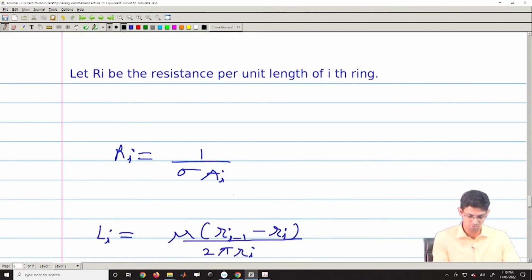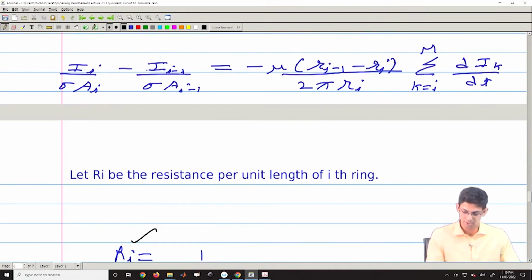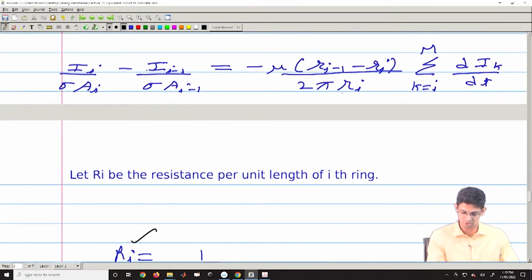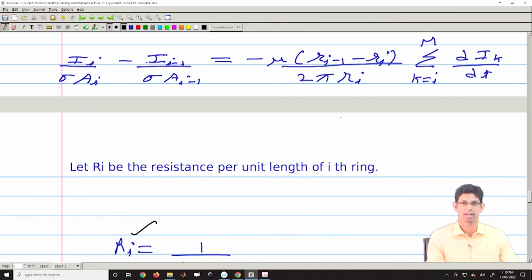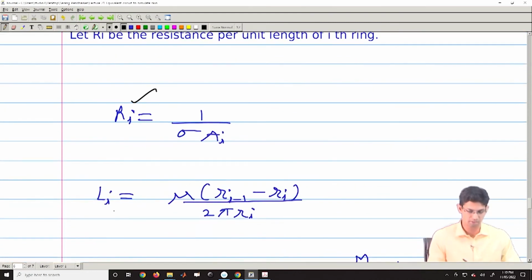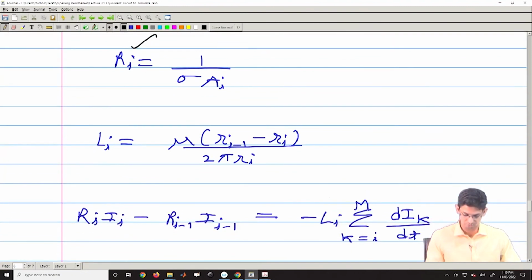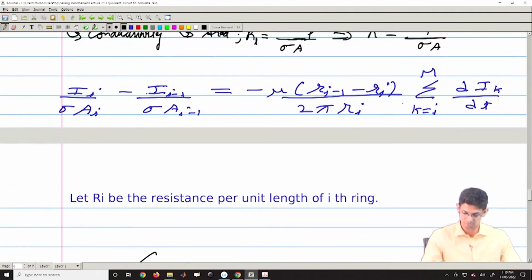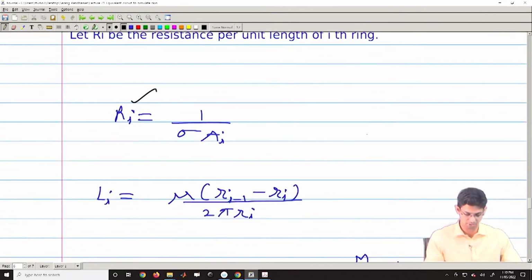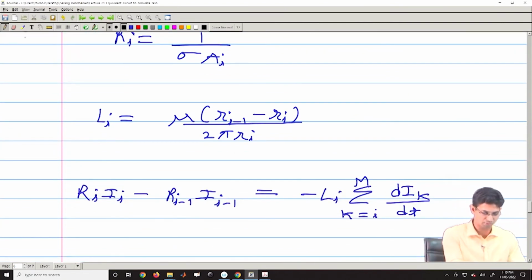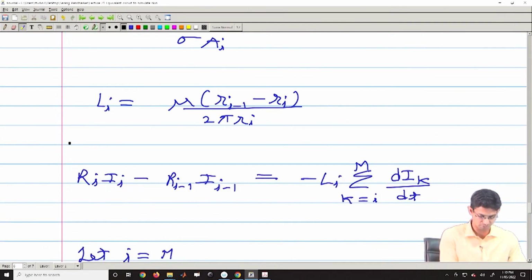Similarly, I have this summation over here, so I can replace this entire thing by L i. Whatever I had on the RHS outside this summation, I am representing it by L i. This is inductive. So, finally, what I have is an equation of this form.